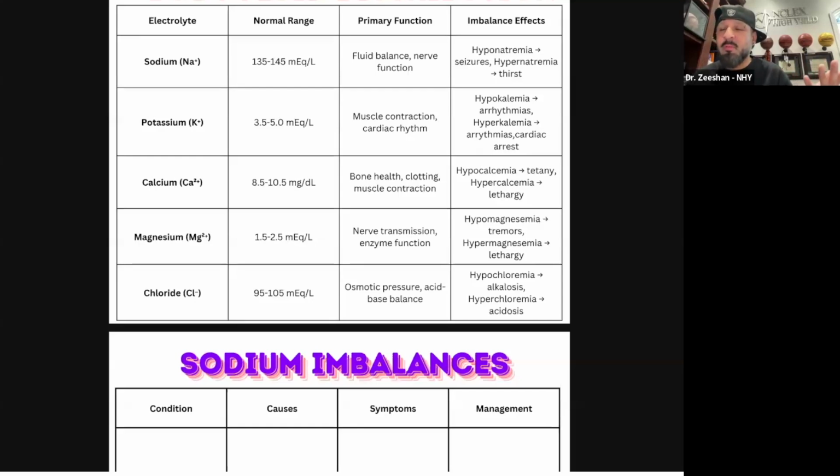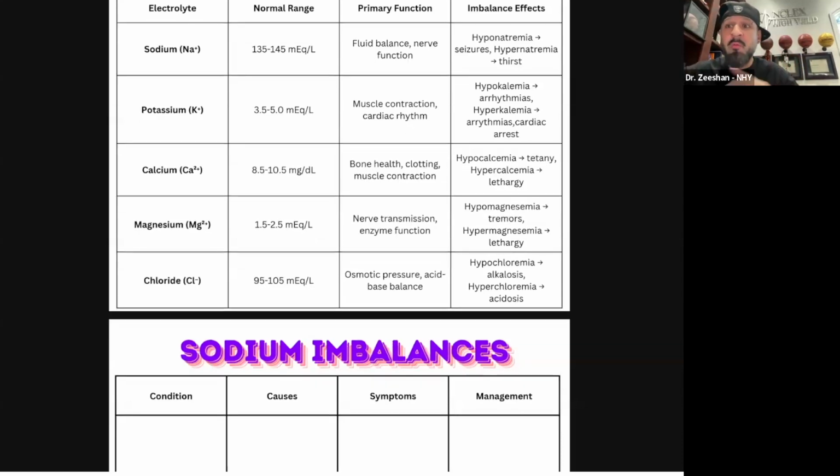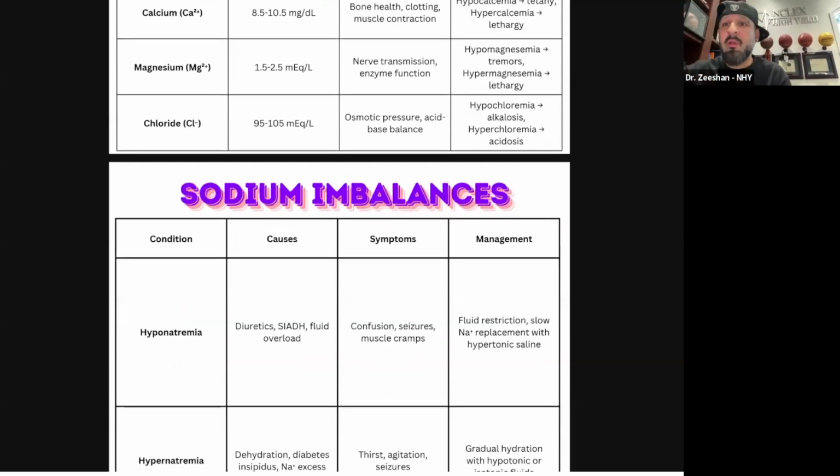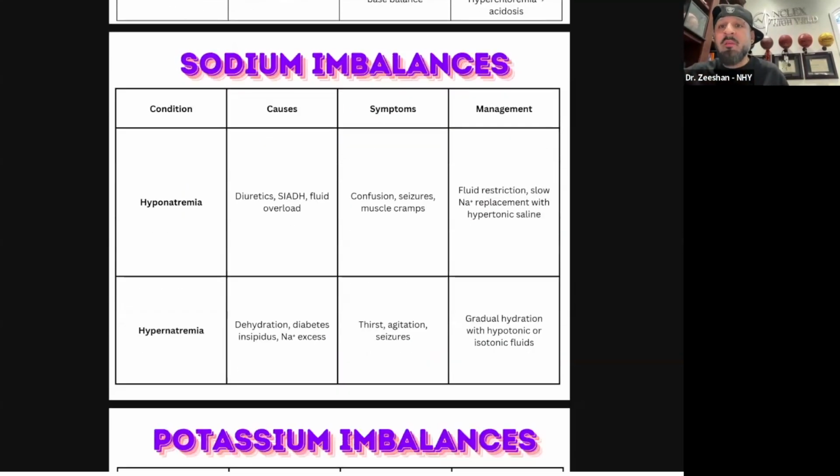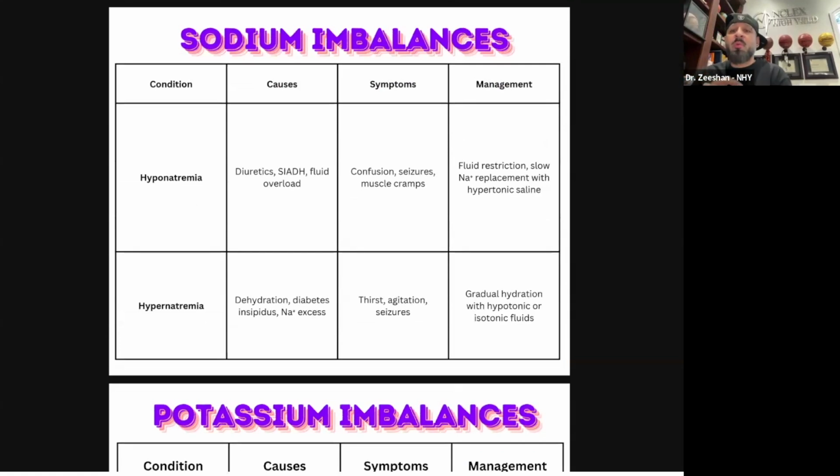So we just went into renal and ABGs. We're in like 15 minutes. Look at how much we've covered and how much of medicine we've covered. So we talked about hyponatremia and hypernatremia. And the takeaway that I want to do on this part is the hyponatremia.